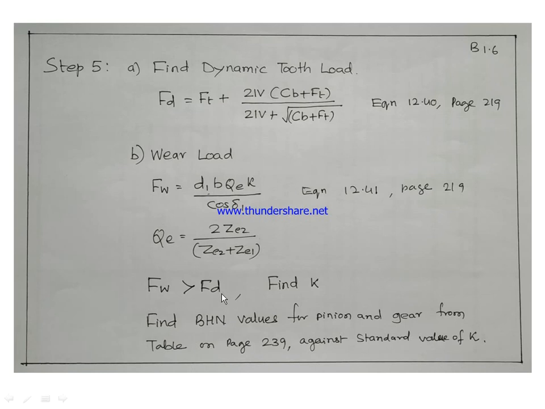When these two are compared, by comparison we get the value of K. Choose the value of K from the data book, standard value of K, and then based on this find out the Brinell hardness number of pinion and the gear, which are available on page 239 table, and that completes the design procedure of the bevel gear. Thank you, students.